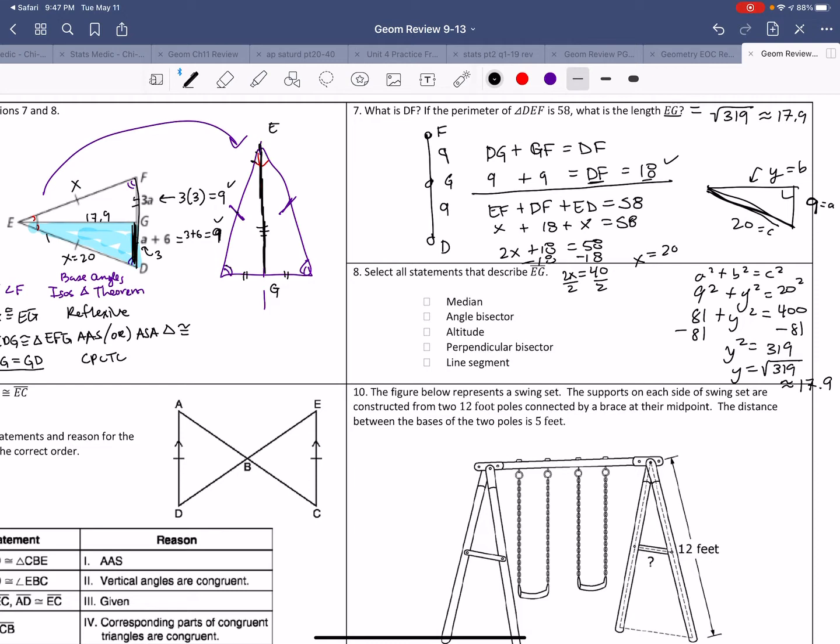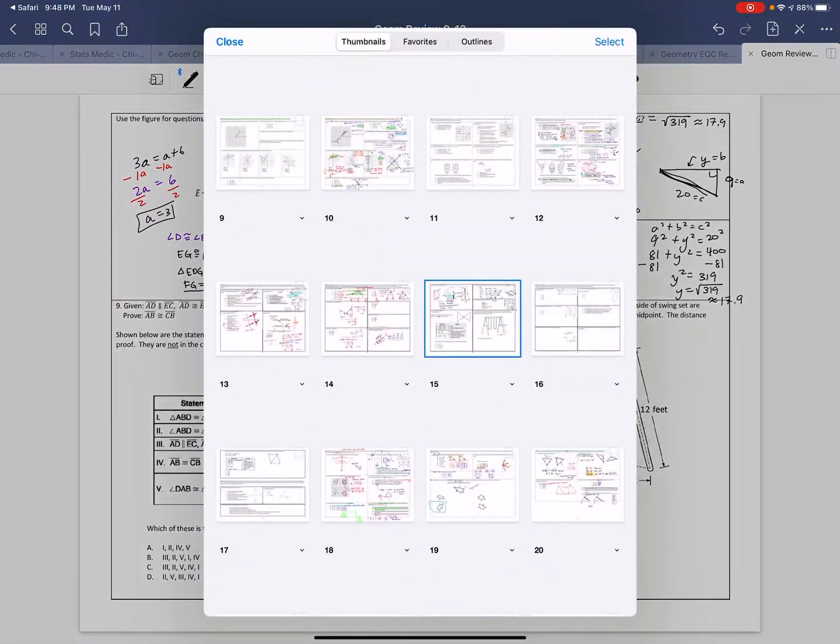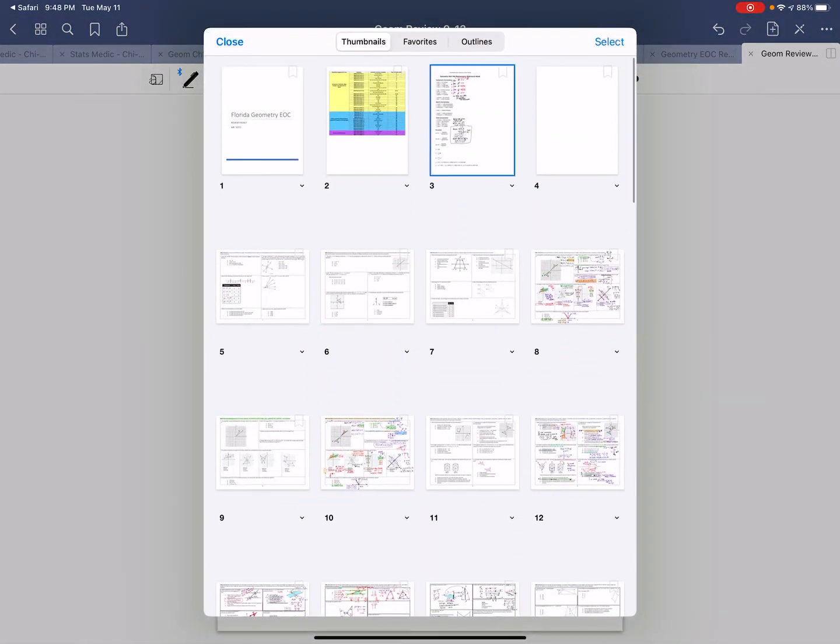Okay, select all the statements that describe EG. Ooh, okay, I remember doing this with like the bus that heads out. So a median. What is a median? Well, do you remember that? Oh, what was that saying? I could go back here to my formula sheet.